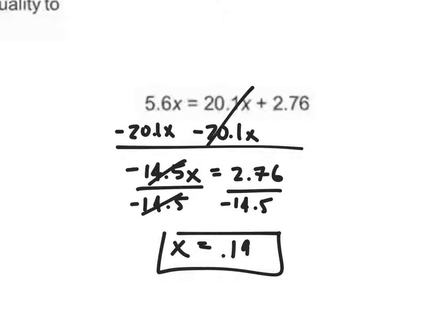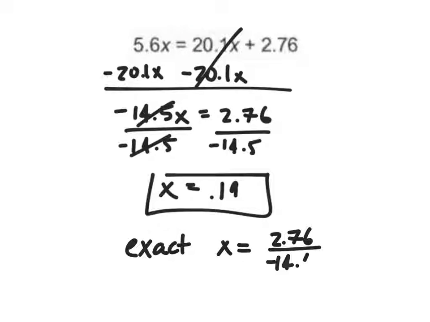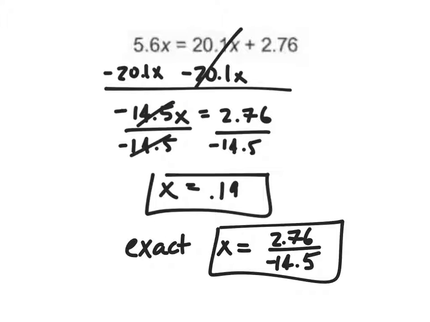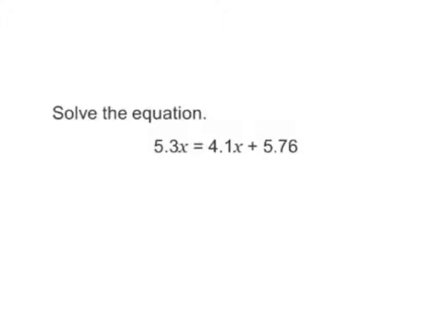Now, this decimal does continue on for a very long time, so I'm just going to round it to 2 decimal places. So my exact answer would be x equals 2.76 over negative 14.5, but this answer here is an approximate answer, okay? All right, let's take a look at the next one.